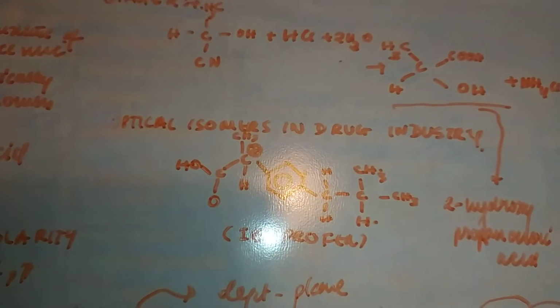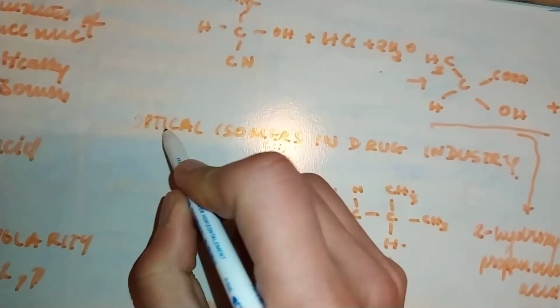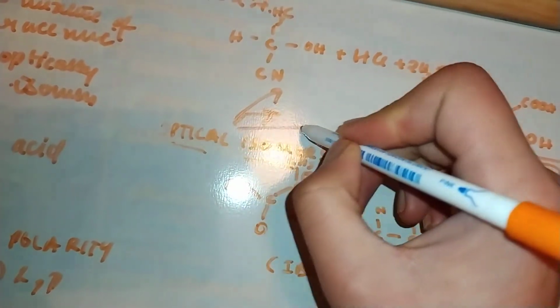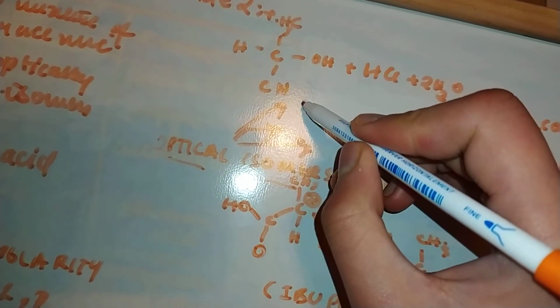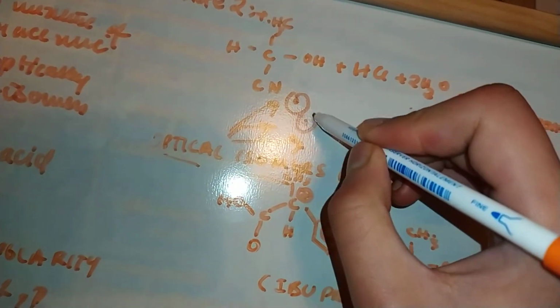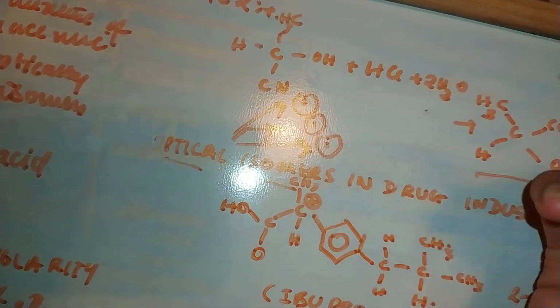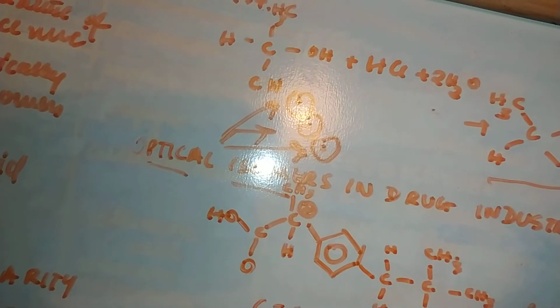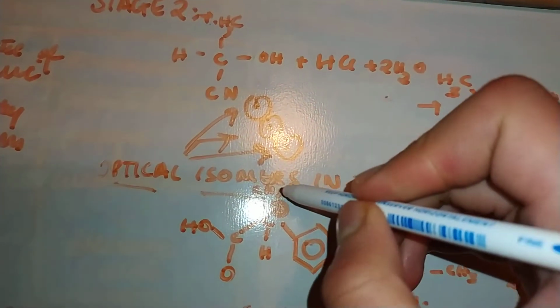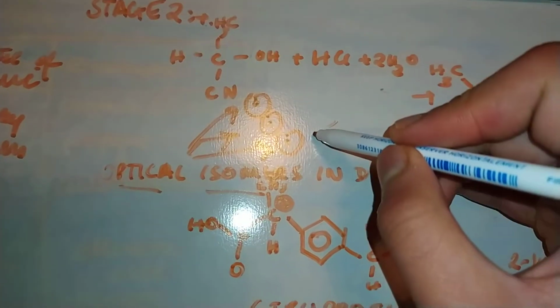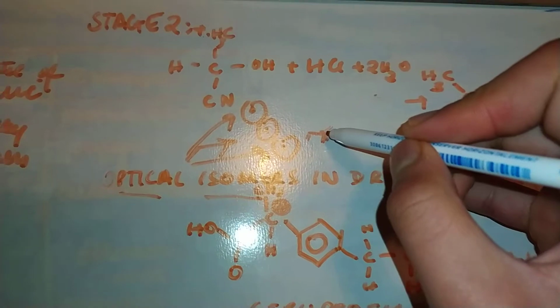Now basically the optical isomers are very, very important. There are three aspects which you can observe. Optical isomerisms can be used to form a particular drug. In other words, forming a particular isomer can lead to the generation of a particular drug.